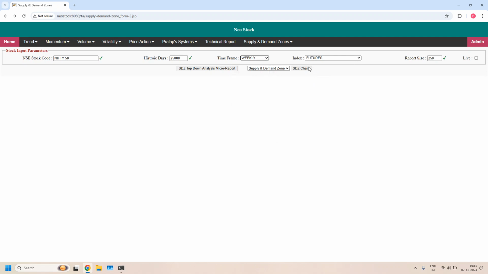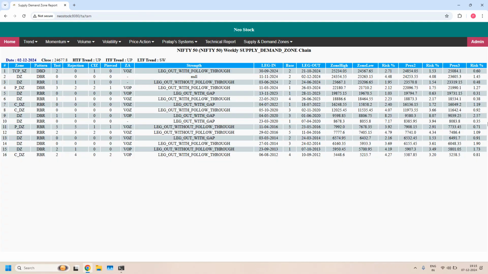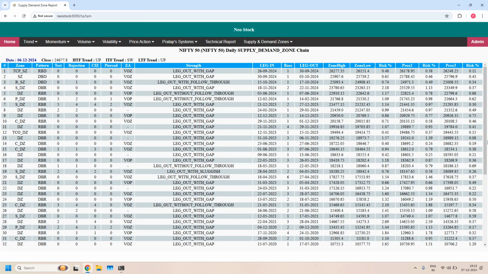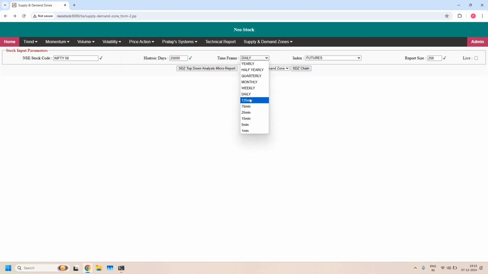Weekly supply demand zone chain for NIFTY. Next daily supply demand zone chain for NIFTY. Next 125 minute supply demand zone chain for NIFTY.